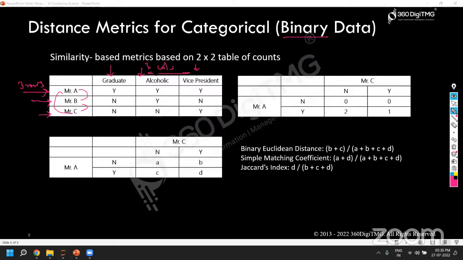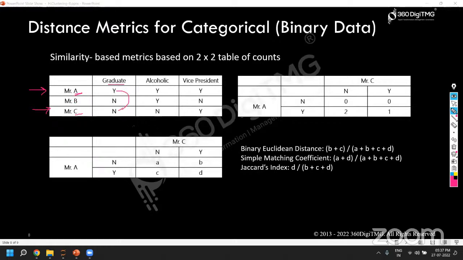So when we talk about all these comparisons, a 2 by 2 table of counts, when we talk about 2 by 2 data, we are going to see how these records are similar. For example, I want to measure the similarity between A and C. If I talk about A being a graduate, is C a graduate?